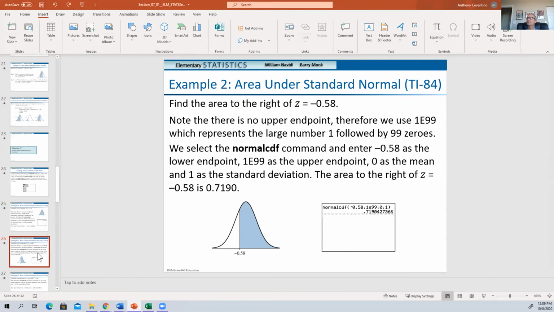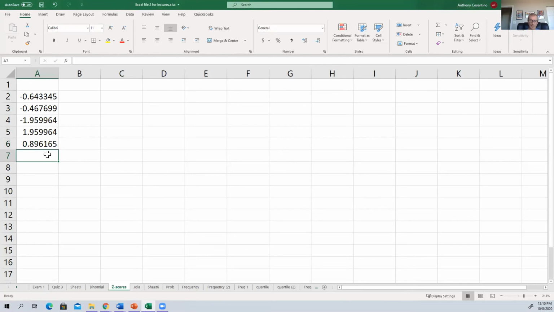Here we have an example of to the right, given a z-score of -0.58. So remember, when you calculate the area to the right, it's 1 minus the area to the left. So when you do the calculation on the spreadsheet, the way I like to do it is to the right is 1 and then minus.